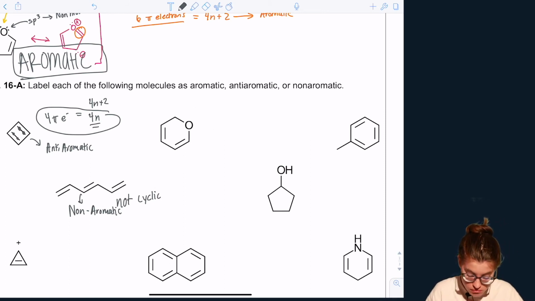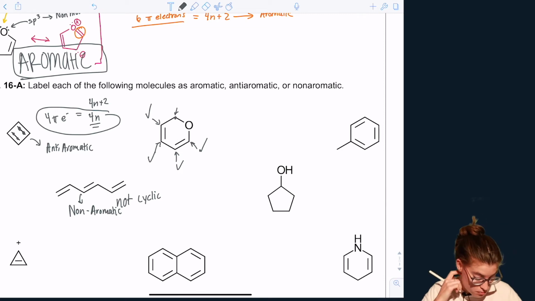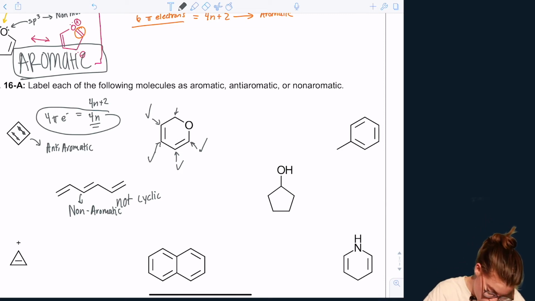So, is this molecule cyclic? Yes. Does every atom in the ring have a p orbital? So does this carbon have a p orbital? Yes. How about this one? Yes. This one, yes. And this one, yes. And does this carbon have a p orbital? No, because this carbon is sp3 hybridized. We have 2 invisible hydrogens here.